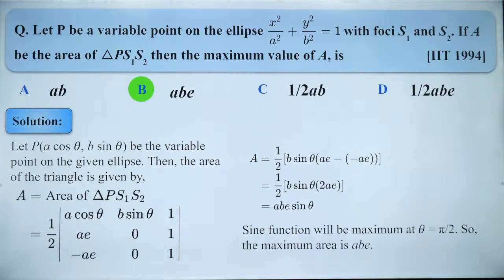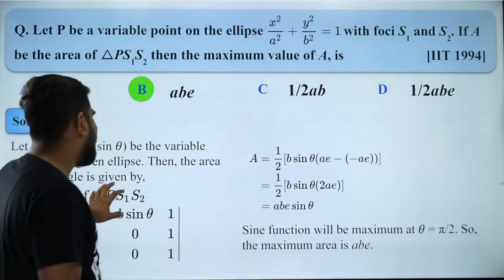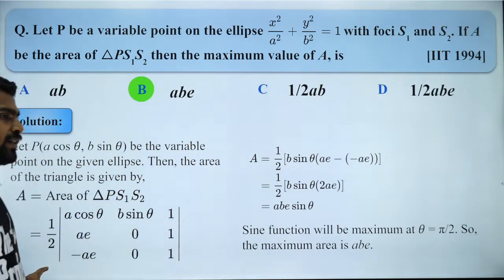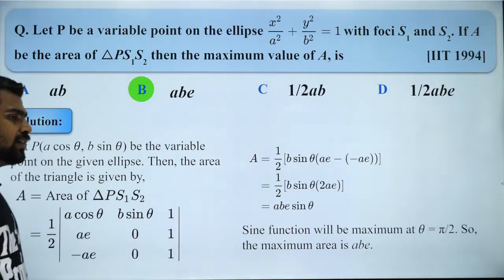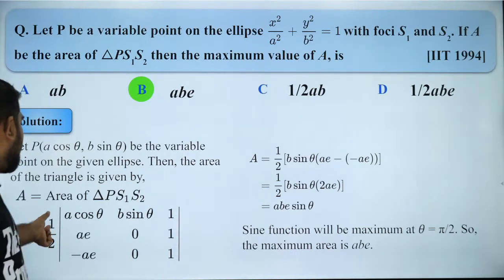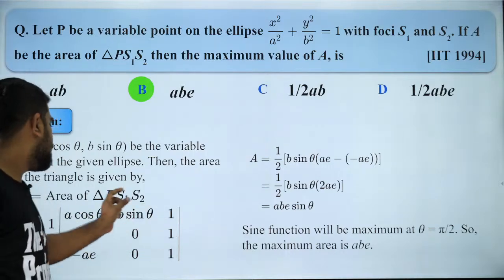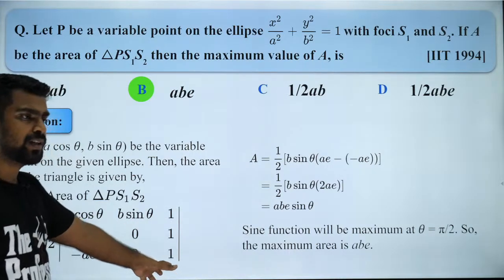Okay. So this is another way of solving it. I wanted you to know this as well. So that is why I have given this solution as well. Okay. So if you want to calculate the area of a triangle, I gave you a formula, right? Do you all remember that? The formula is half times the determinant with rows x1 y1 1, x2 y2 1, x3 y3 1.